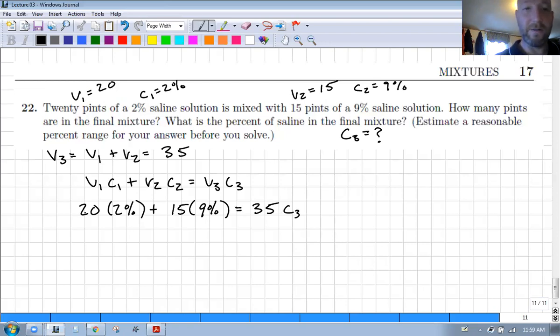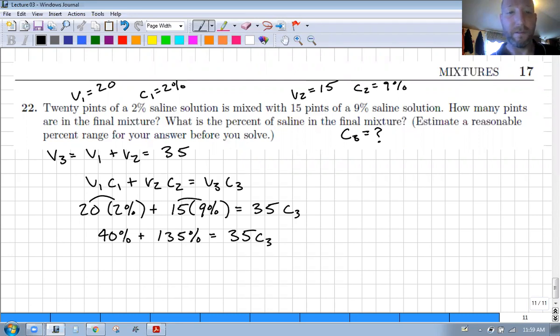We multiply these out: 20 times 2 is 40. And what's 15 times 9? 135%. All I did is multiply these. Now we'll add these: 135 and 40 is 175.